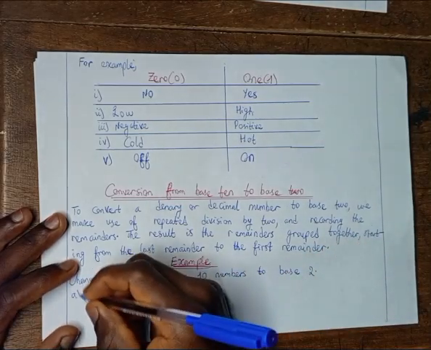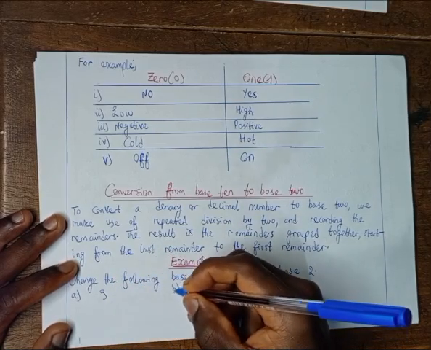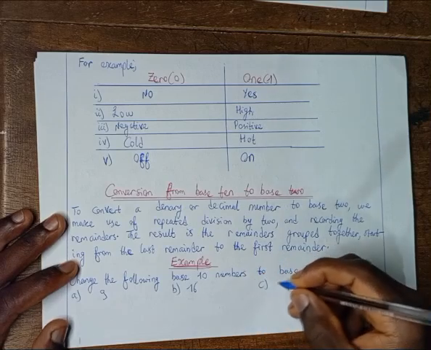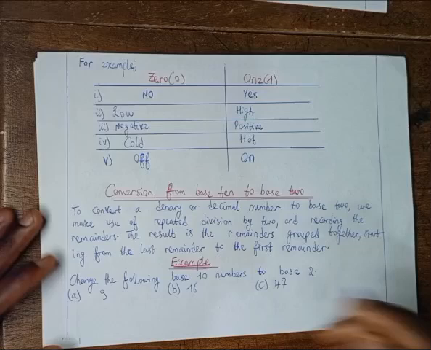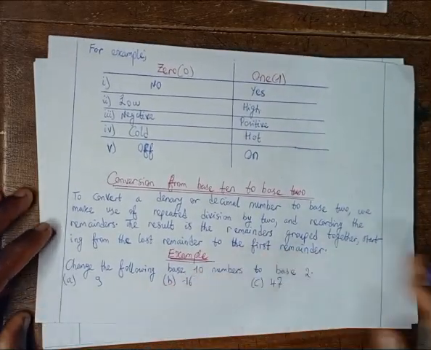For A, we have the number 9. B, we have the number 16. Lastly, C, we have the number 47. So we have to change these 3 numbers to base 2.